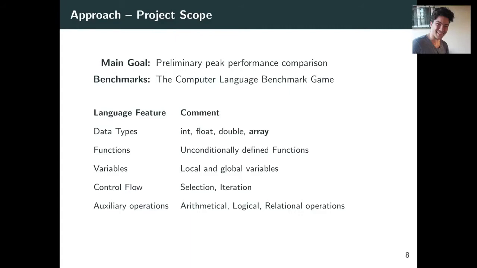We implemented data types, functions, and variables, control flow, as well as auxiliary operations, such as arithmetical operations, for instance. And due to time constraints in this presentation, I'd like to zoom into challenges we faced for implementing arrays.